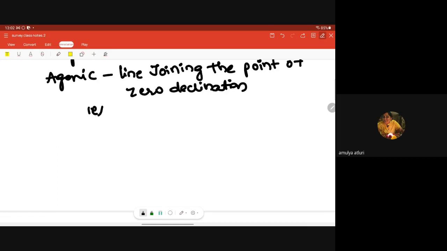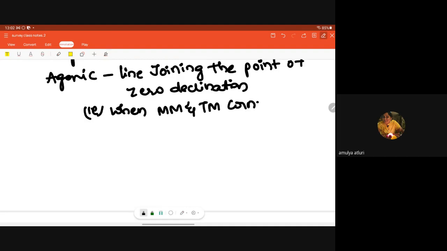That means when the magnetic meridian and the true meridian coincide, then we have zero declination. So the line joining those zero declination points is called an agonic line.